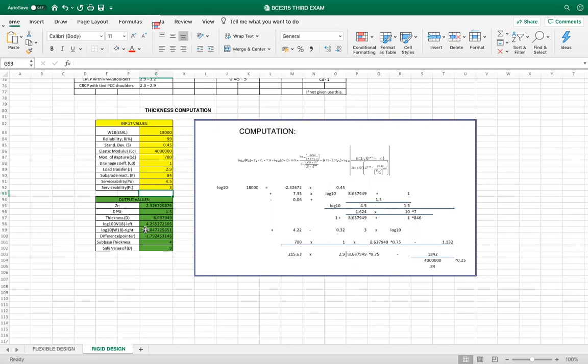On the left is 4.255272505. The right is 6.0477255651. The difference is negative 1.79245346. Subbase thickness is 4. Safe value of thickness is 9.